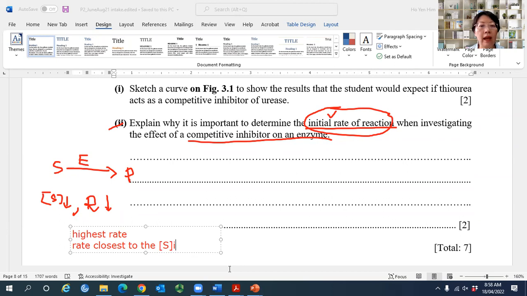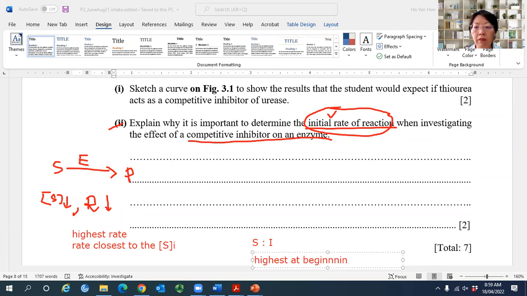Okay. Other than that, whenever you have an inhibitor, consider the ratio of inhibitor versus substrate. Hang on, I put it the other way around. The ratio of substrate to inhibitor is the highest at the beginning, because we're talking about a competitive inhibitor.